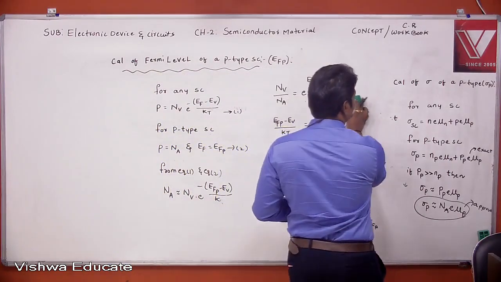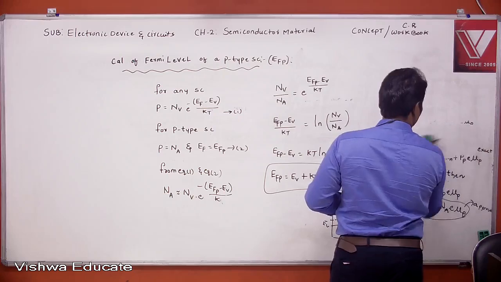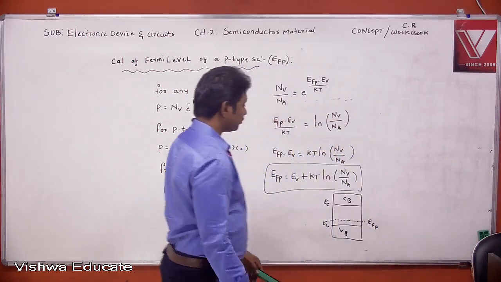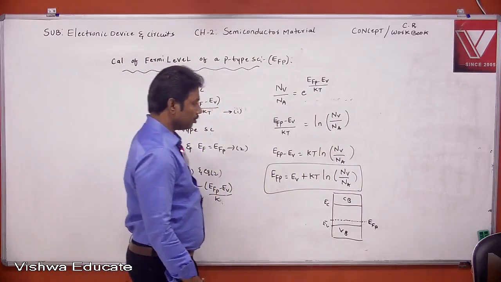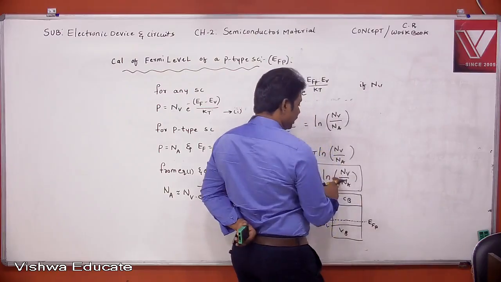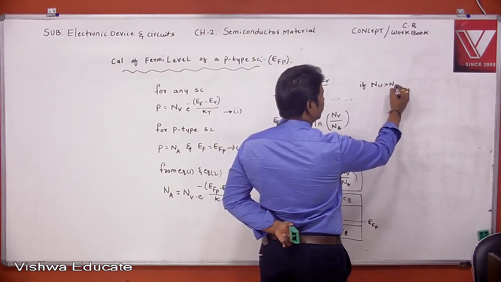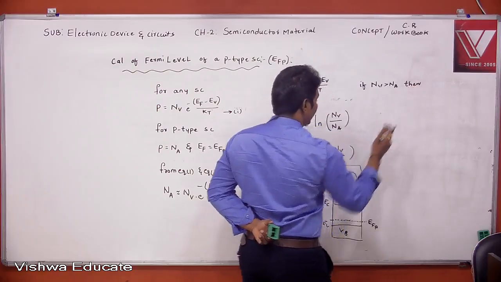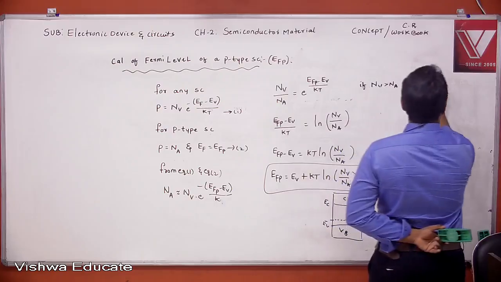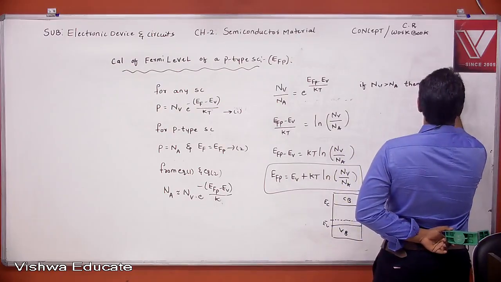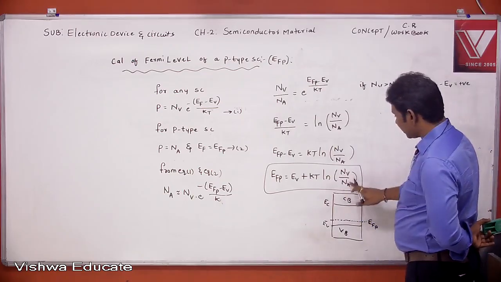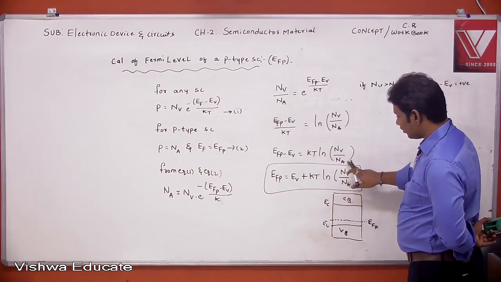Next, a very, very important note. In case of a p-type semiconductor, if NV is greater than NA, then EFP minus EV is positive, because the logarithmic value is positive.